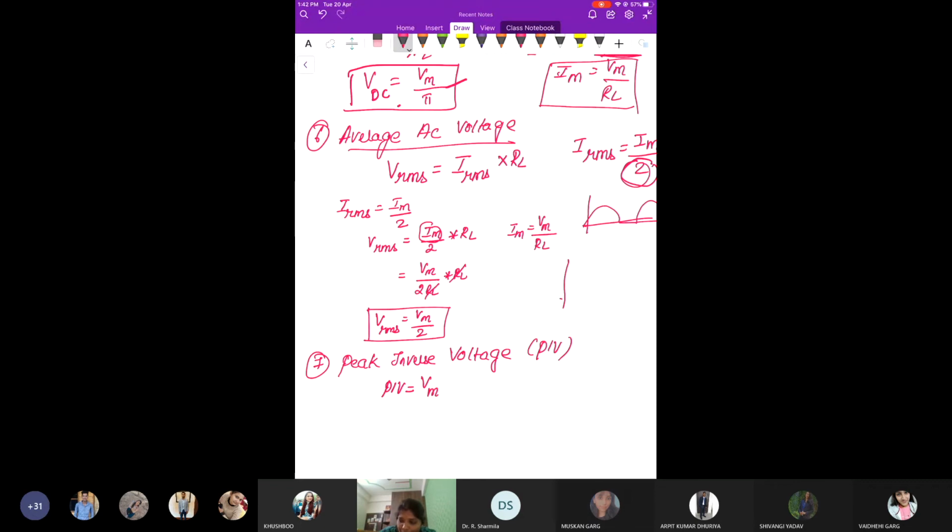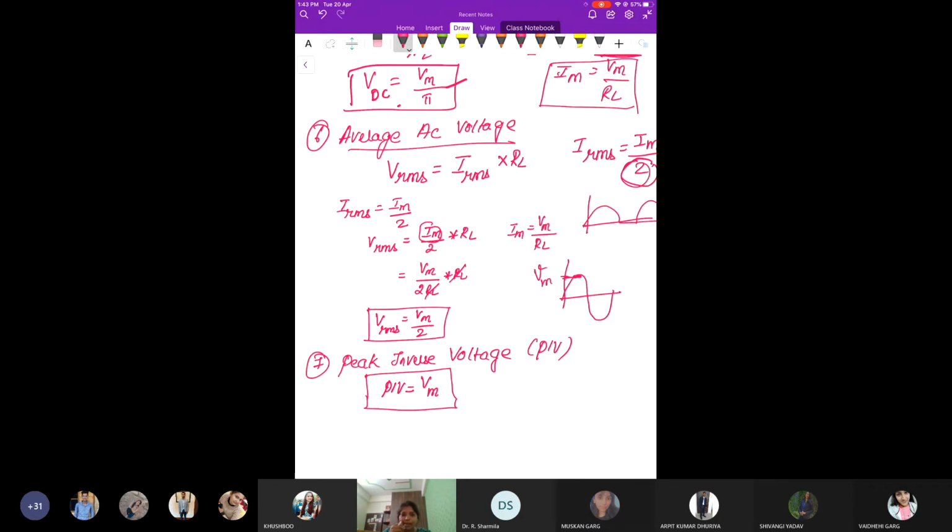In a sine waveform, the peak value, the maximum value, is Vm. So for the rectifier, the PIV value is equal to Vm. That is a very important one.